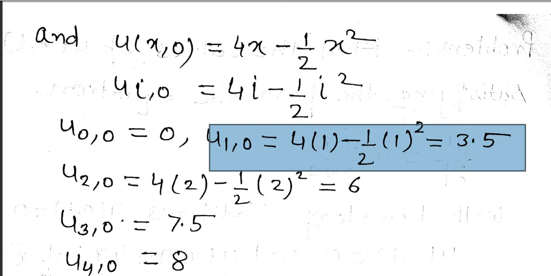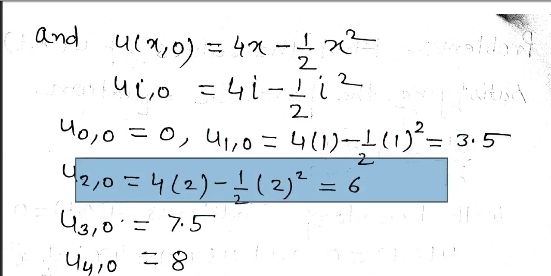What is u20? u20 is equal to 4 into 2 minus 1 by 2 2 square, which is equal to 6. Why is it equal to 6? Because look at here, whenever we put i is equal to 2, then from the first term we get 8, from the second term we get 2. So 8 minus 2 is equal to 6.